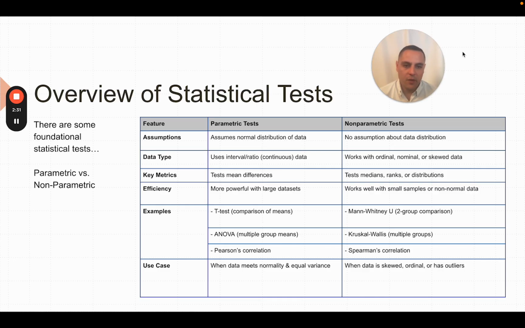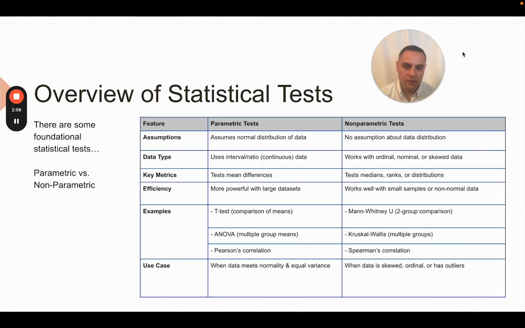And with non-parametric, we can work with ordinal, nominal, and skewed numeric data. Oftentimes with parametric, we might be testing averages, so testing the difference between averages, whereas with non-parametric, we can look at medians, ranks, or distributions.